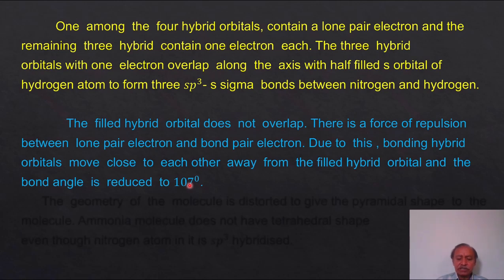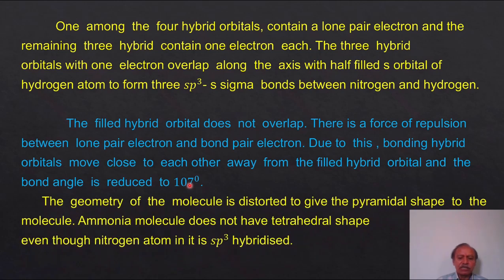Because of this force of repulsion between the lone pair and bond pair electrons, the geometry of the ammonia molecule is distorted, and for that reason it gets a pyramidal shape.